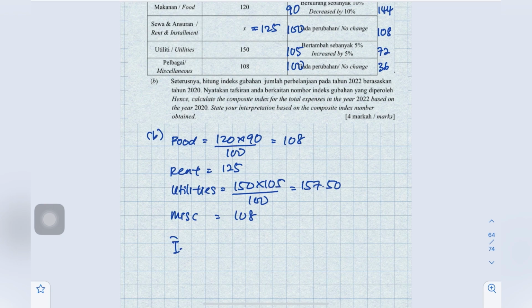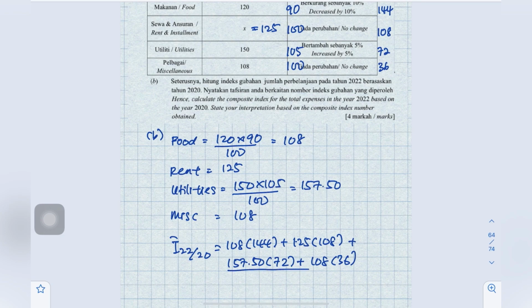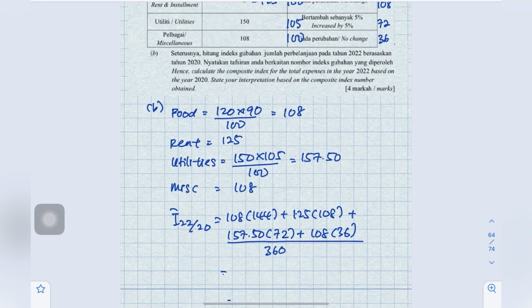So I bar 22 base 20: food 108 times weightage 144, plus rent 125 times weightage 108, plus utilities 157.50 times 72, plus miscellaneous 108 times 36, divided by the total weightage 360. So we get the answer 123.